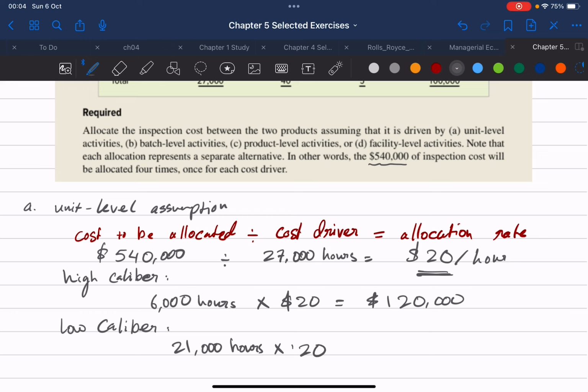So $20. Run the numbers, 21,000, that should be 42,000. Okay, 420,000, I think. So 21,000 multiplied by 20. Yeah, 420,000. Okay.